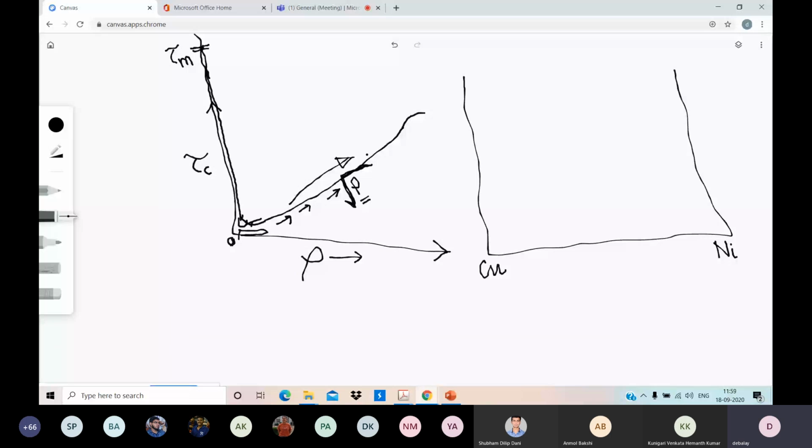So as your structure is more and more deformed, dislocation density increases, and accordingly the stress requirement for plastic deformation will naturally increase.